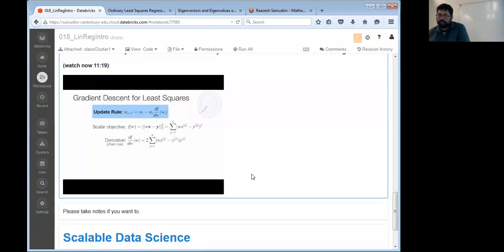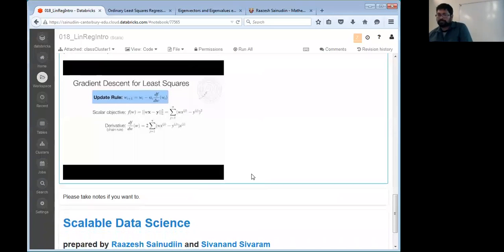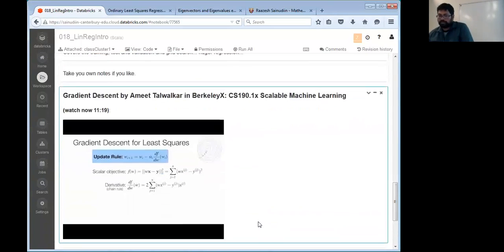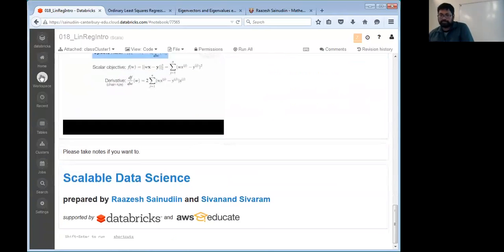There are lots of variants of this, and which particular variant of gradient descent or stochastic gradient descent you use is going to depend on how large your n and d are. So d is the dimension, the number of features, and n is the number of data points.